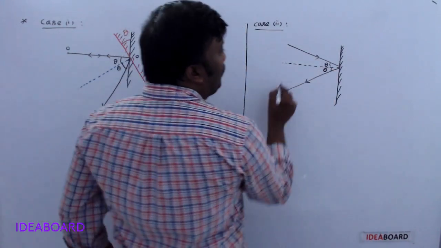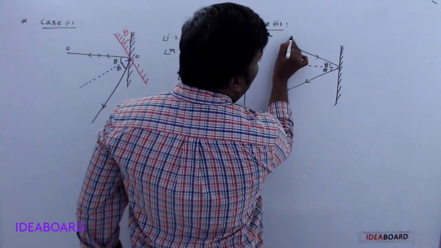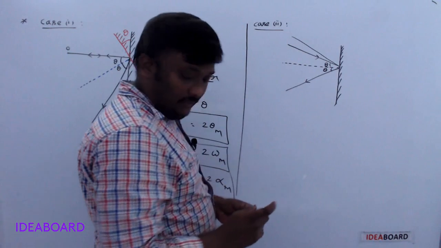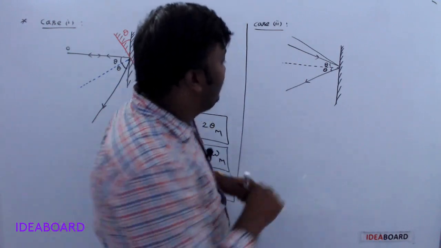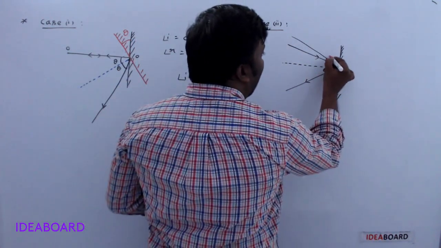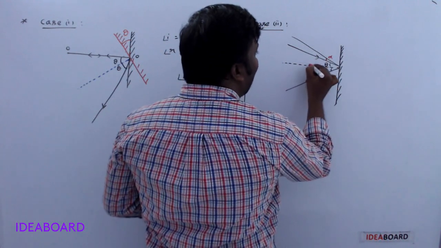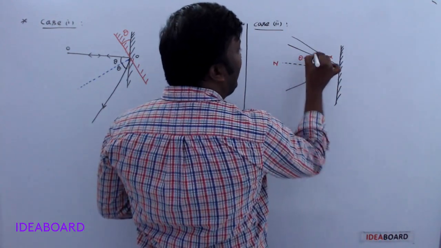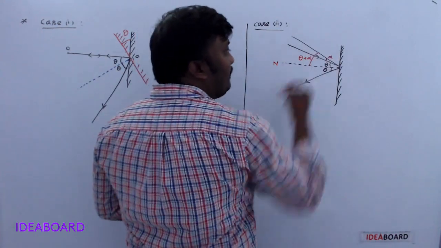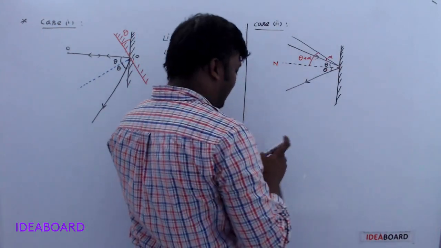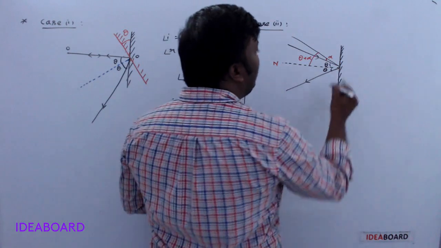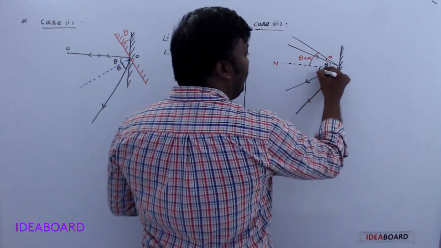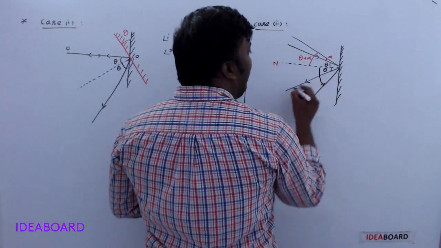Now suppose the incident ray comes from here, and the angle is taken as alpha. Then the angle made with the normal is theta plus alpha, and the reflected ray also makes an angle of theta plus alpha.